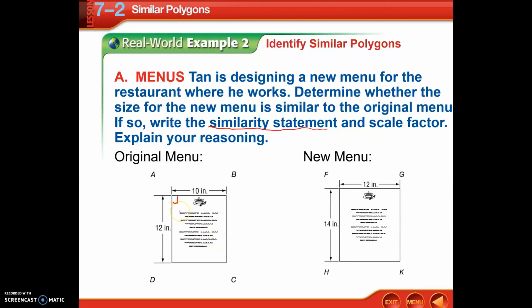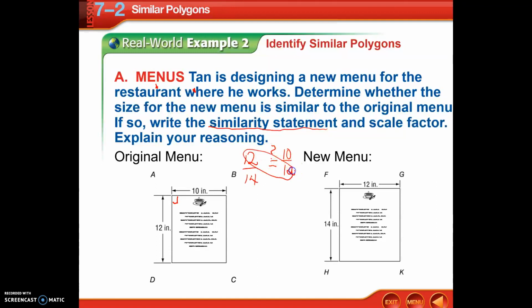Next, we're going to check to make sure the sides are proportional. So we're going to set up a proportion and check it and see if it's true. Does 12 over 14 equal 10 over 12? Does the ratio of the lengths equal the ratio of the widths?